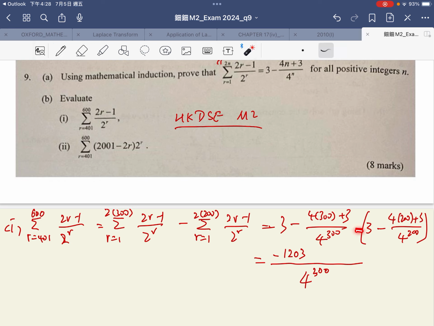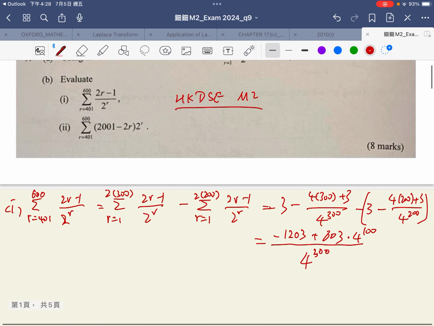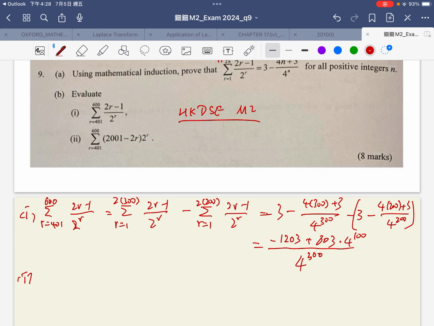For the second part, minus becomes plus, so it is 803. After making the common denominator, here we have 2 times 4 to the power 100. It is the final result.